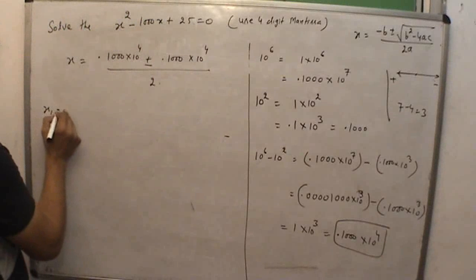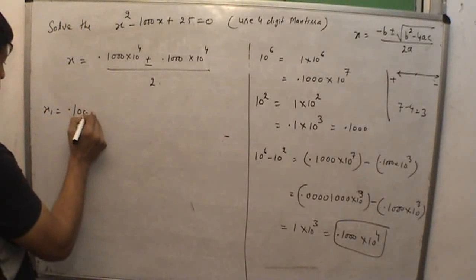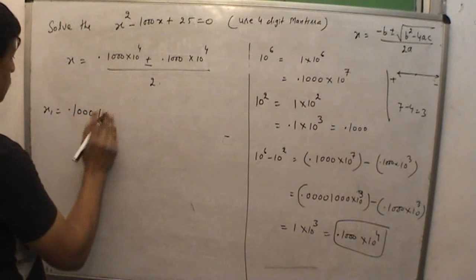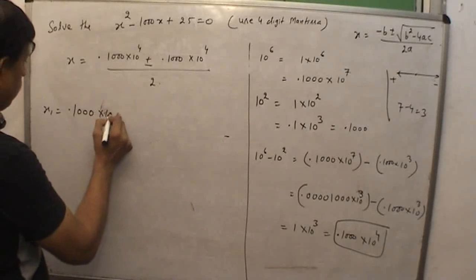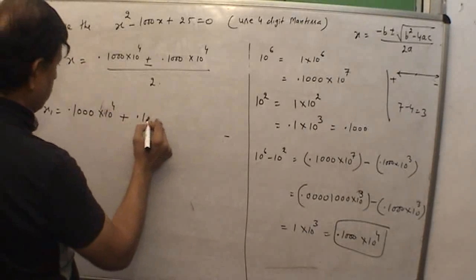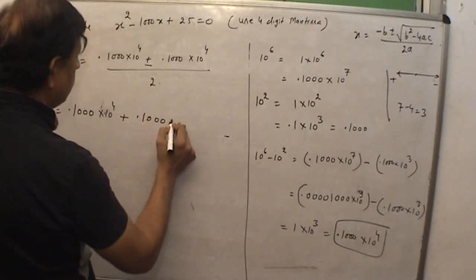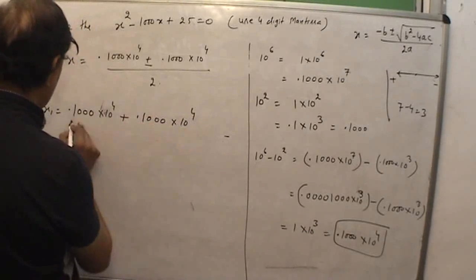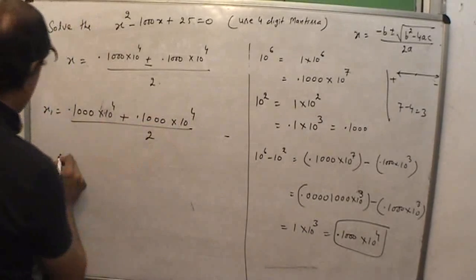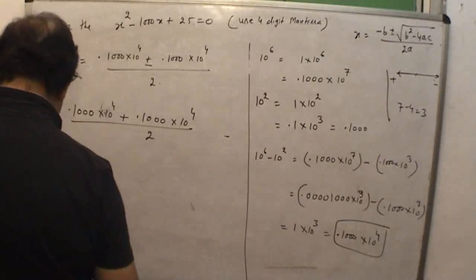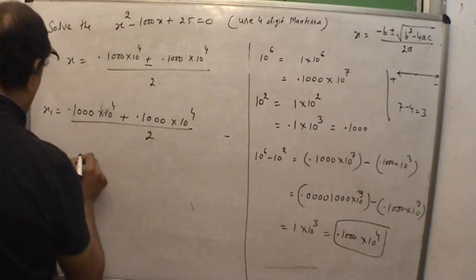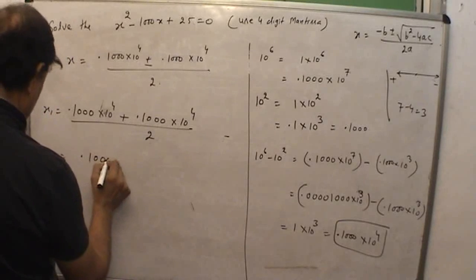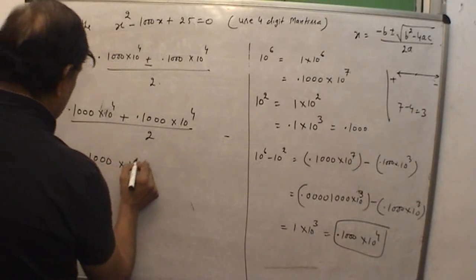That is x1 is equal to 0.1000 into 10 raised to the power 4 plus 0.1000 into 10 raised to the power 4, divided by 2, and that is equal to 0.1000 into 10 raised to the power 4.